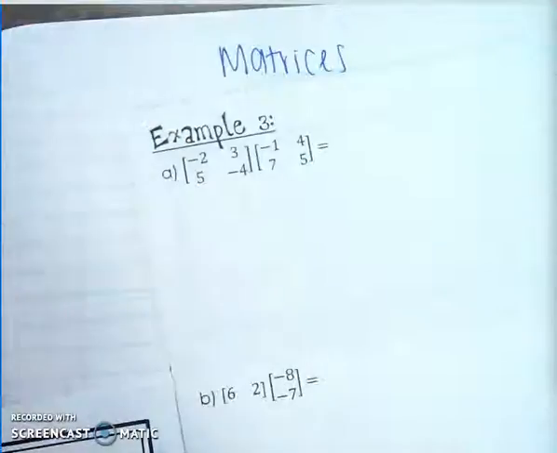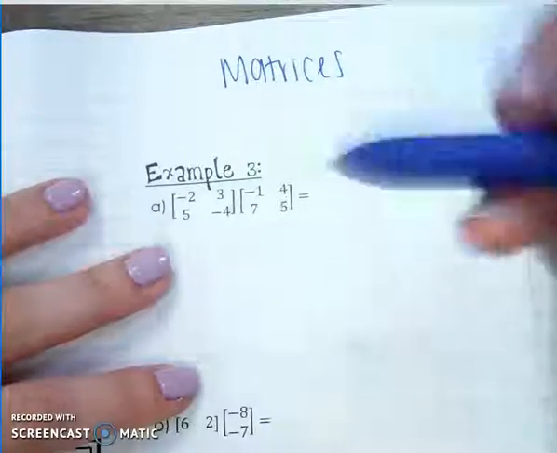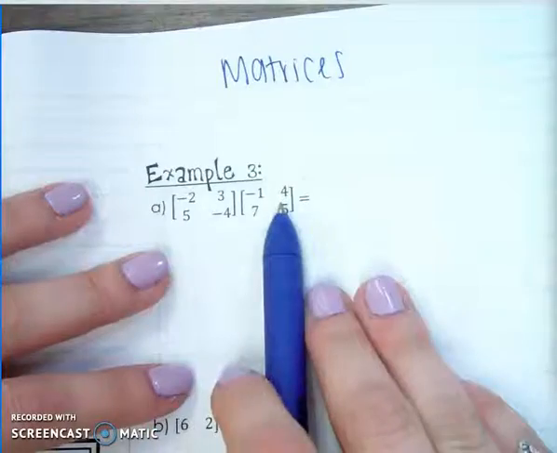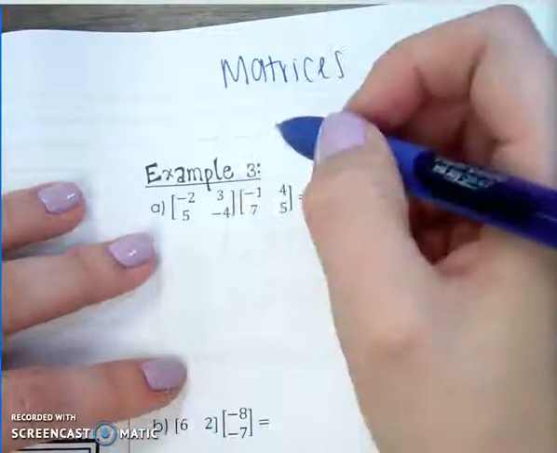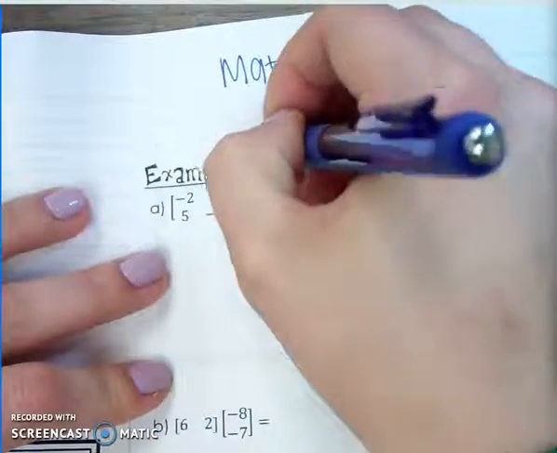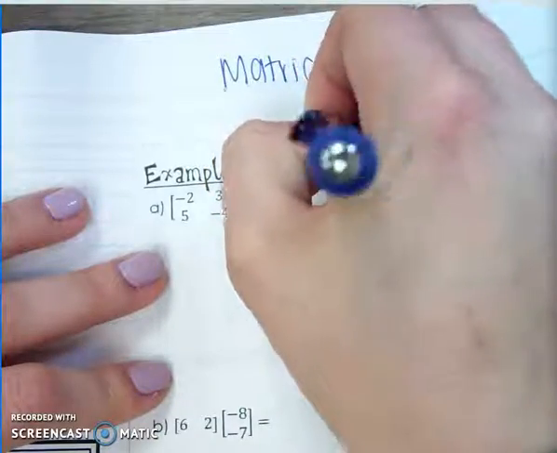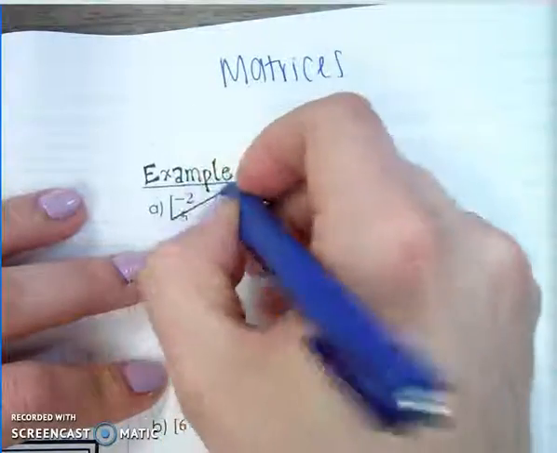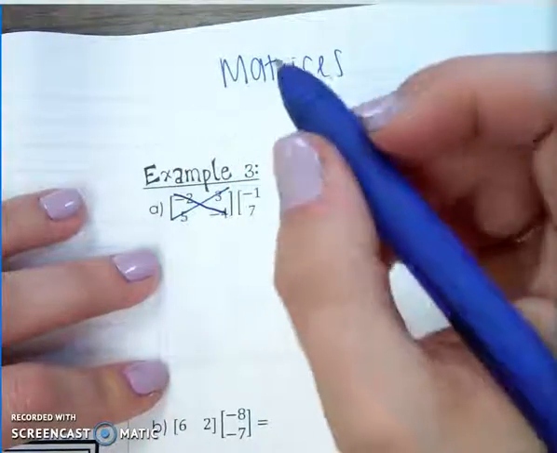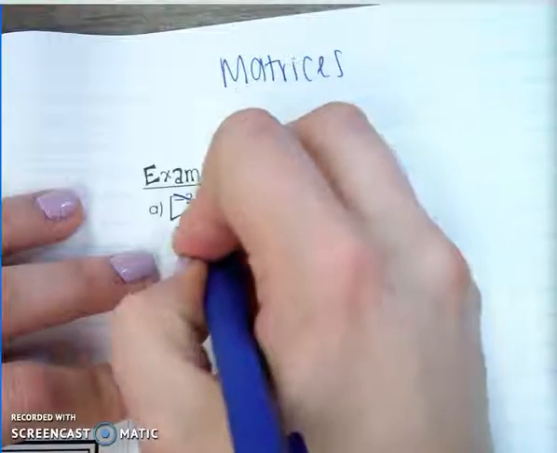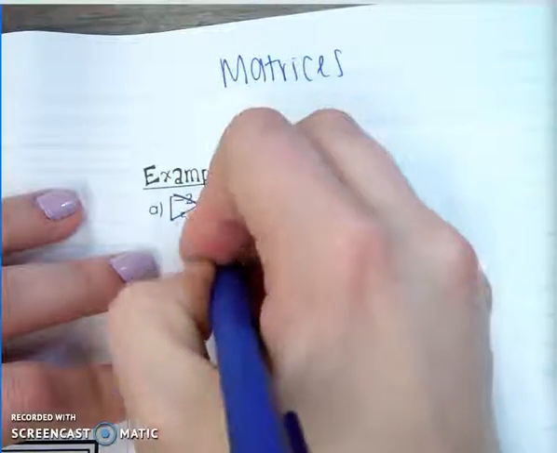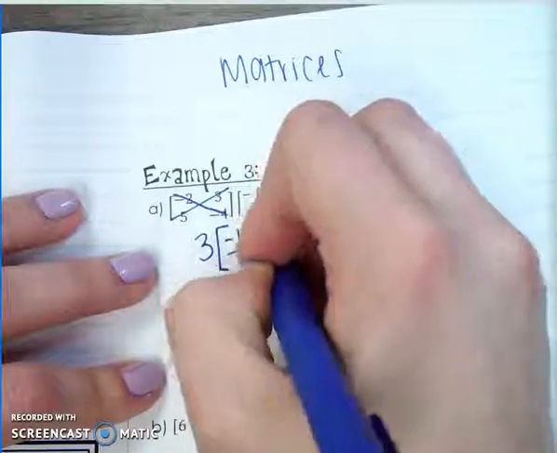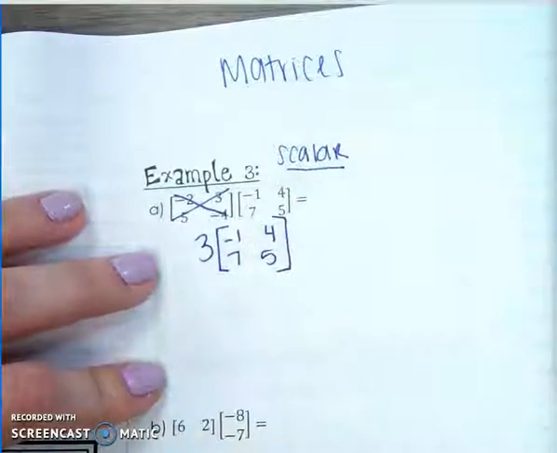The reason I was so thrown off is because you don't have to multiply two matrices together. All I need you to do is scalar multiplication. That's essentially multiplying by a scale. So we're not going to multiply with this matrix. Here we're going to say that the scale is 3 times the -1 matrix with the 7, the 4, and the 5. That's why I was thrown off.